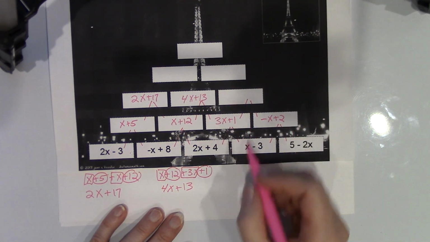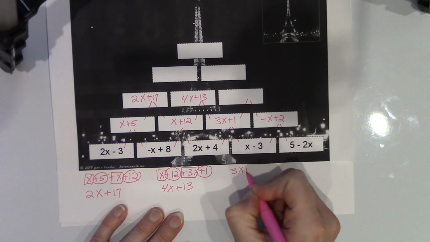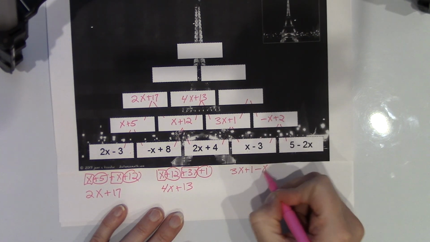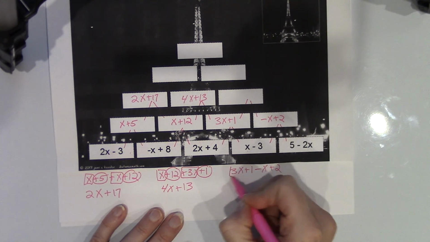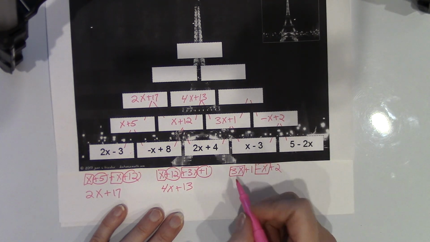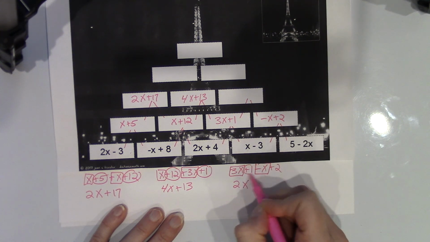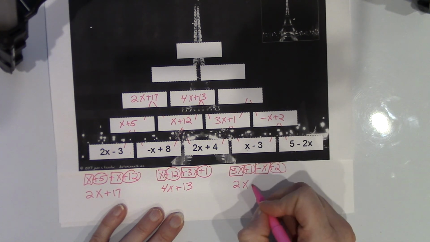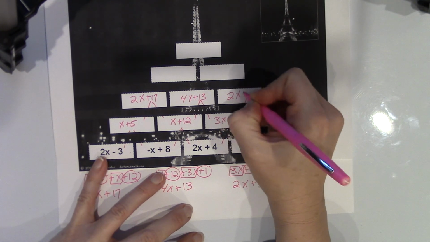Then here I'm going to combine these two boxes. I have a 3x plus 1 and a negative x plus 2. The 3x and a negative x are my like terms. That'll give me a positive 2x, and a positive 1 and a positive 2 will give me a positive 3. So this box is 2x plus 3.